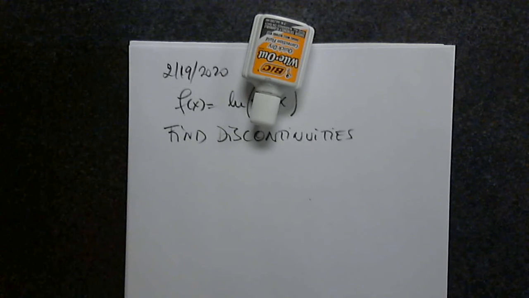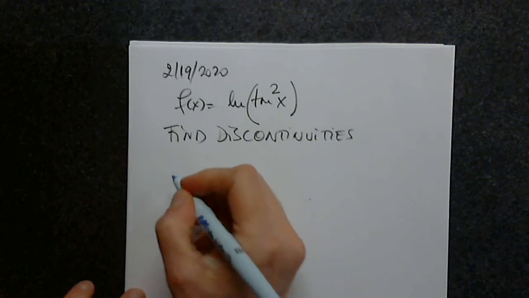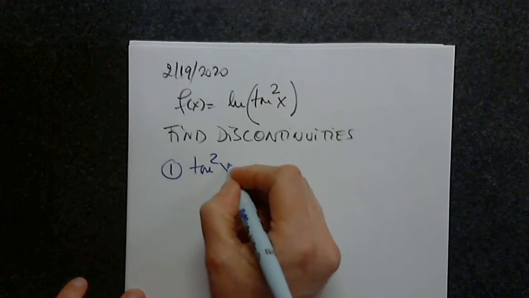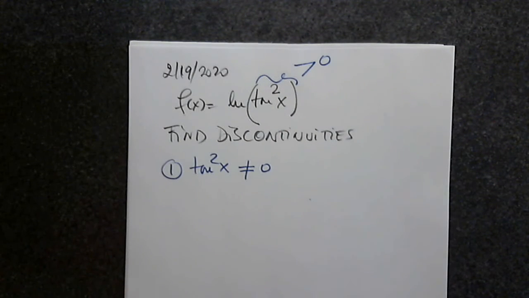Now I look inside and I see tangent squared. Tangent squared is positive, but it could be zero. So the first condition is that tangent squared must not be zero, because this quantity has to be strictly greater than zero.